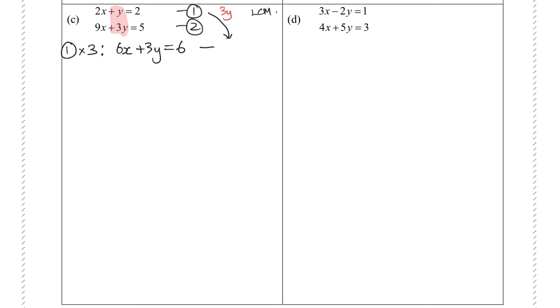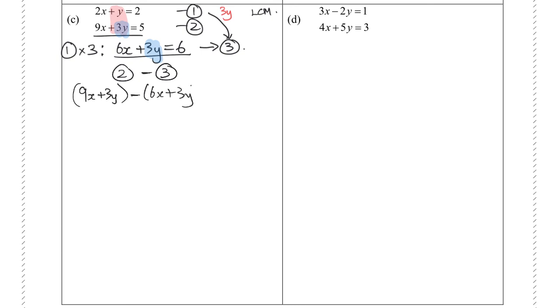So equation 1 now becomes a new equation called 3, and we will just concentrate on equation 2 and equation 3.